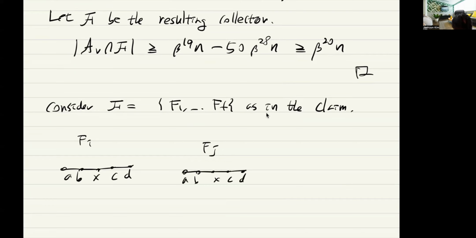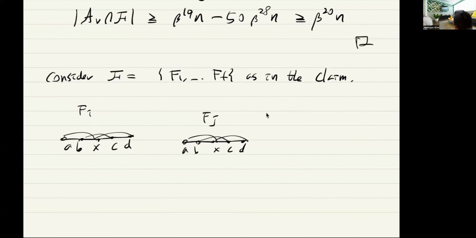You have this. And what you do is, let's say you take i plus 1, then you take this and then this.